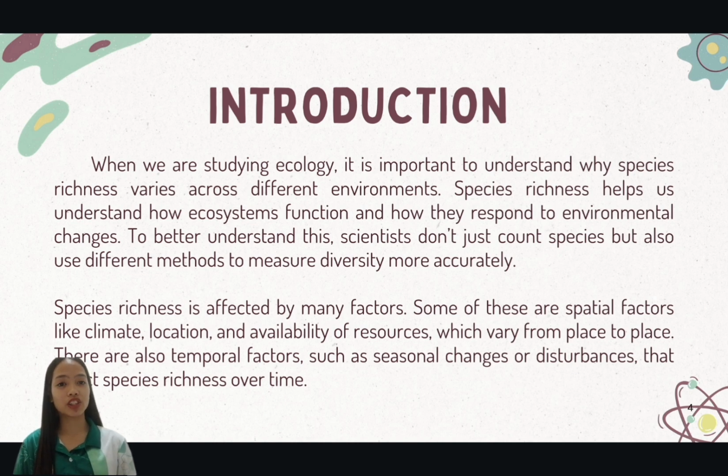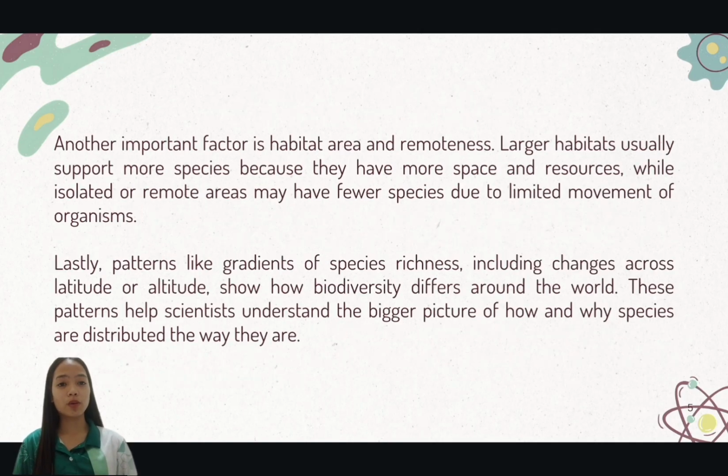Some of these are spatial factors like climate, location, and availability of resources, which vary from place to place. There are also temporal factors such as seasonal changes or disturbances that affect species richness over time. Another important factor is habitat area and remoteness.